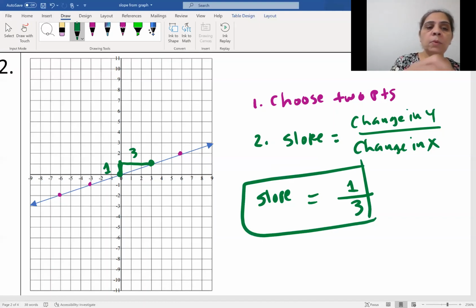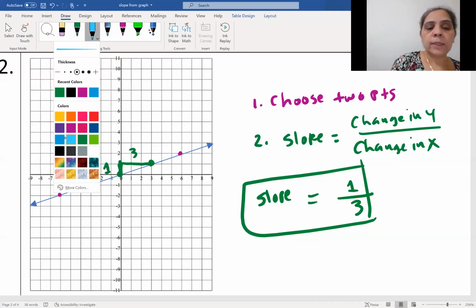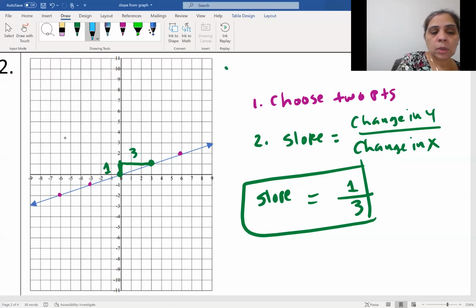All right, now we will choose another 2 points and we will get exactly the same slope. Let's say we choose this point and this point. All right, so how many units do we need to travel up? 1, 2, 3, 4. 4 units, and it's up, right?